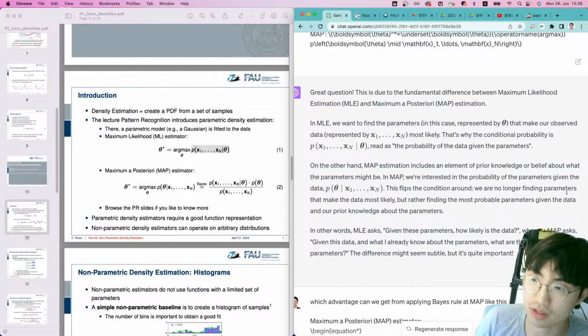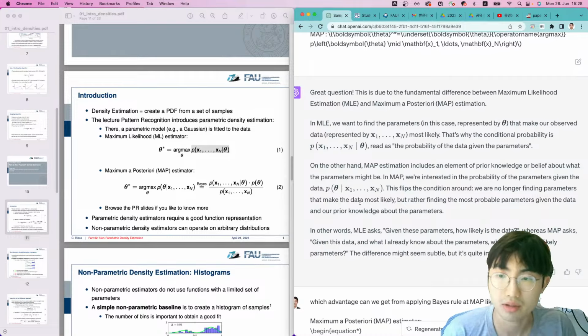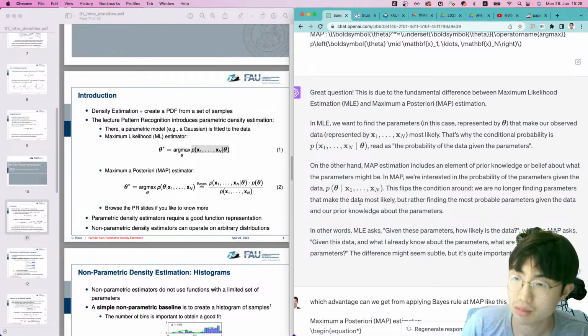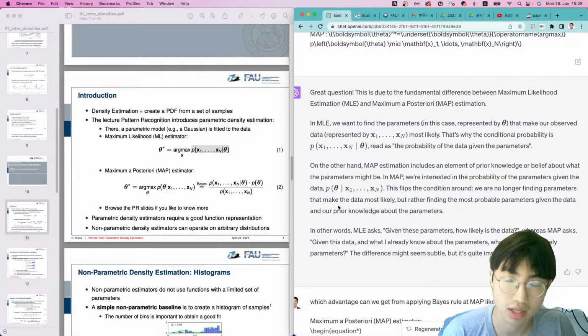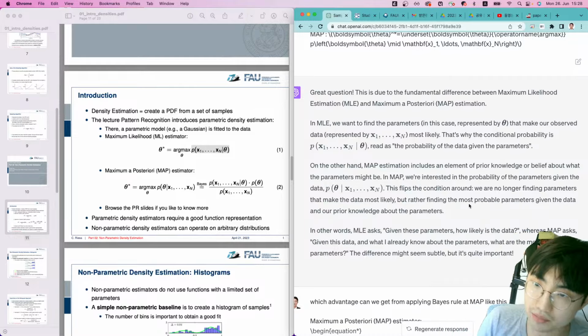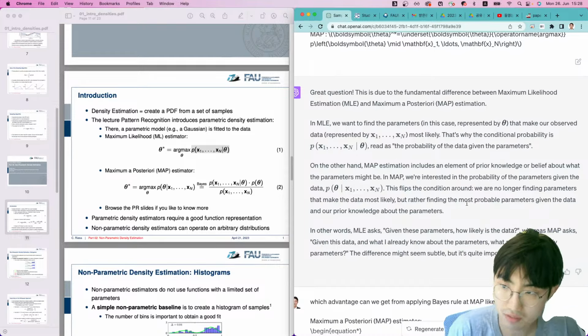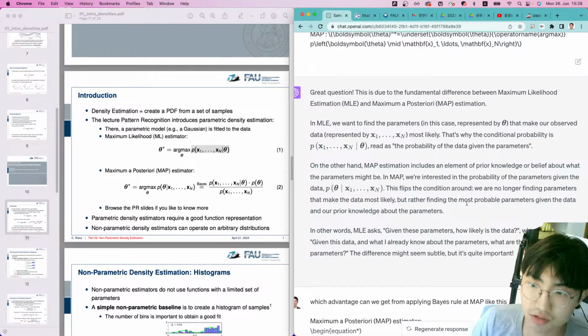We are no longer finding parameters that make the data most likely, but rather finding the most probable parameters given the data and our prior knowledge about the parameters.